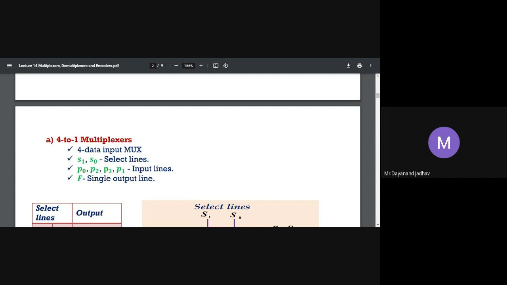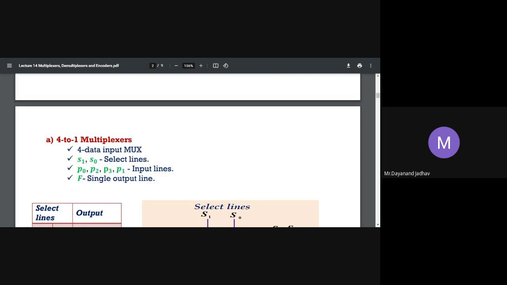Okay, 4 to 1 mux, 4 to 1 multiplexer, has 4 data inputs. Then S0 and S1 are the select lines. If we consider P0, P1, P2, P3 as the inputs, then F is the single output.